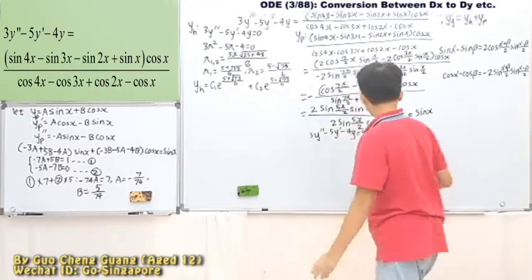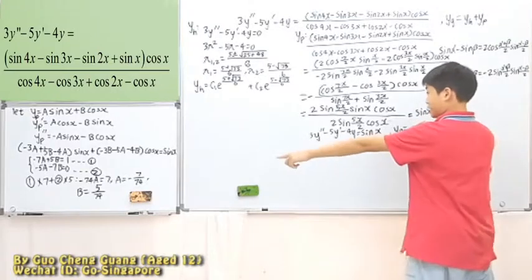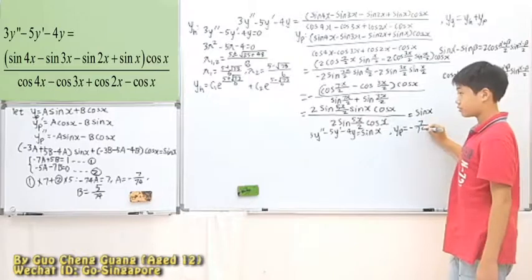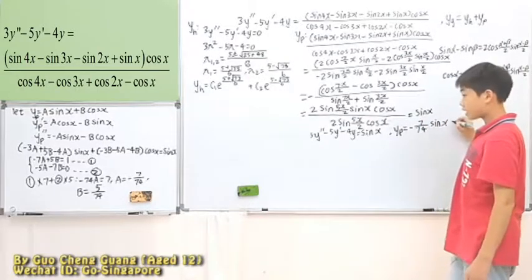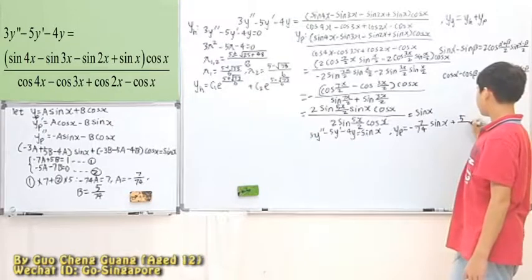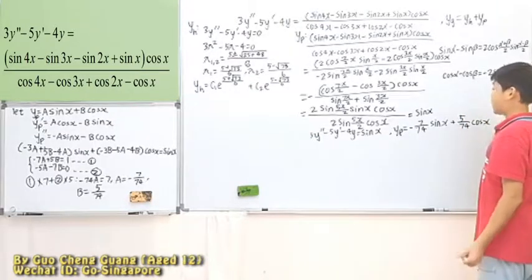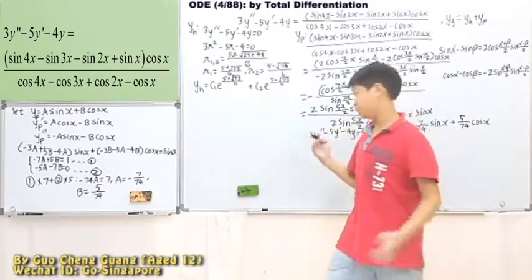Then that means YP will just be negative 7 over 74 sin x plus 5 over 74 cosine x.